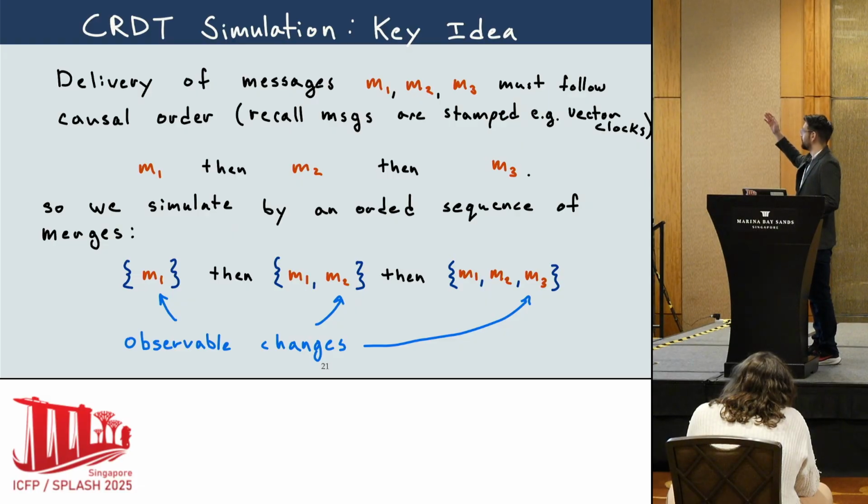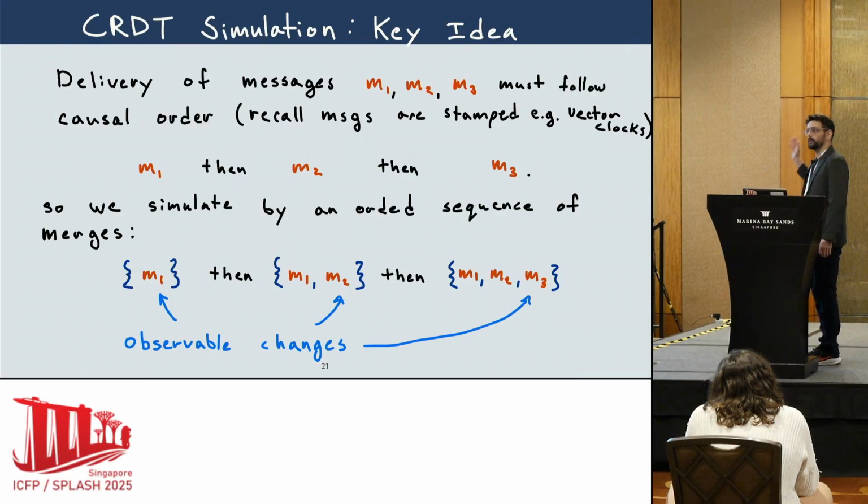So with M1 as the first message, there's nothing to know. With M2, that replica already knows M1, so when we merge the set M1, M2, the only observable change comes from M2, and so on. And that's essentially the heart of that proof: checking the existence of these sets, making sure that they're available, which they are because we're forcing broadcast to happen very frequently.